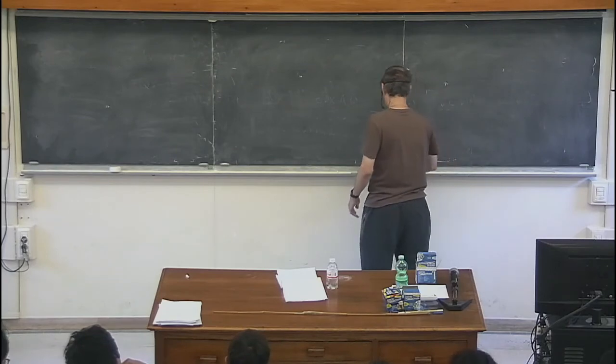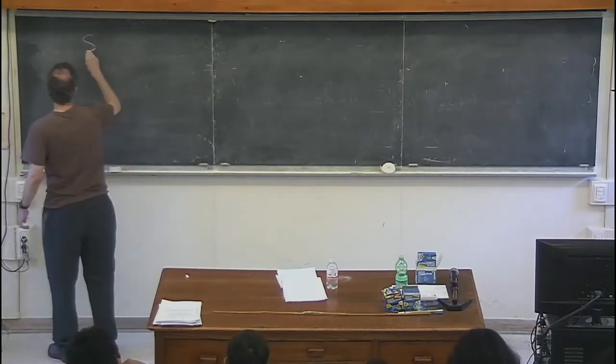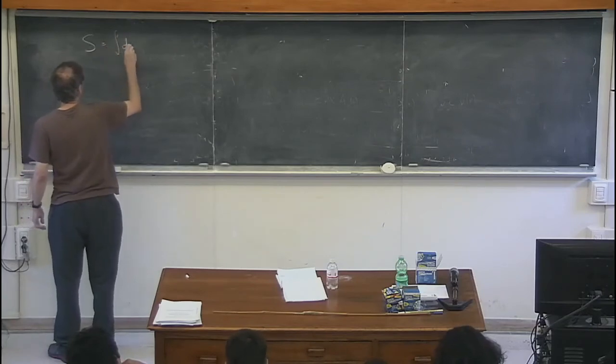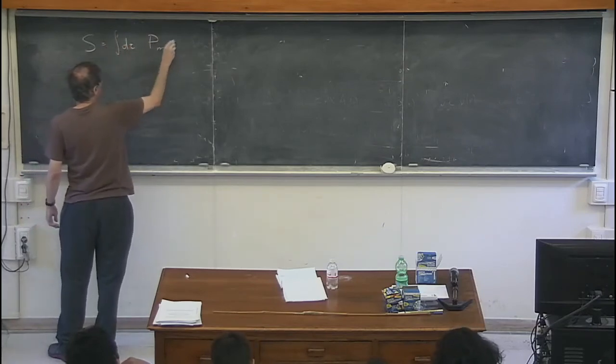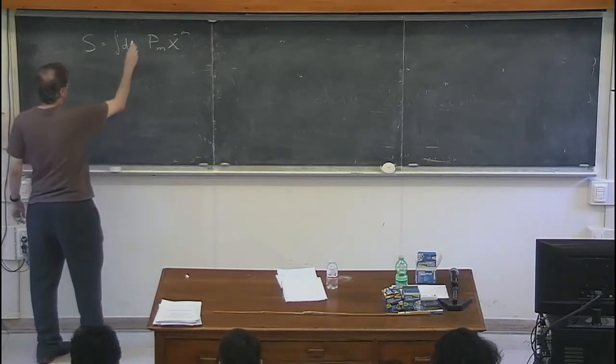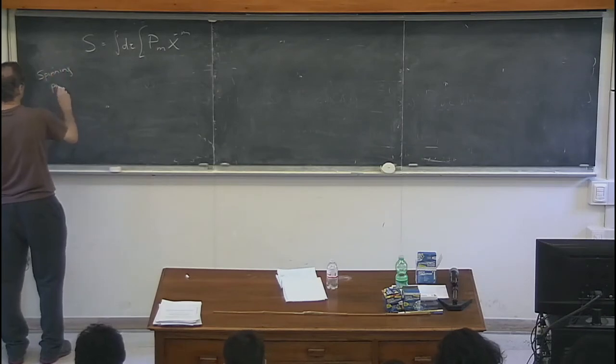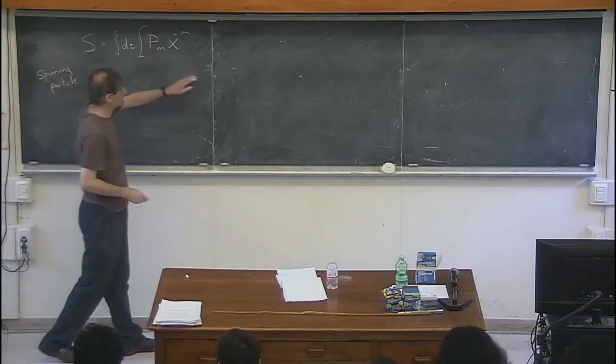Okay, so the starting point is very simple. We're back to the particle, so we don't have any sigma dependence. This is called the spinning particle. What we want to do is describe not a particle of spin 0, but a particle of spin 1/2.